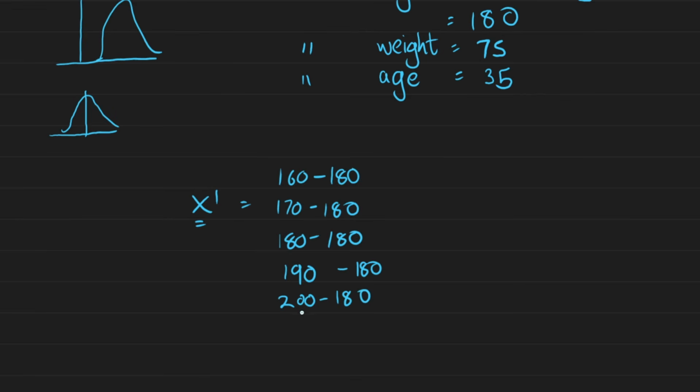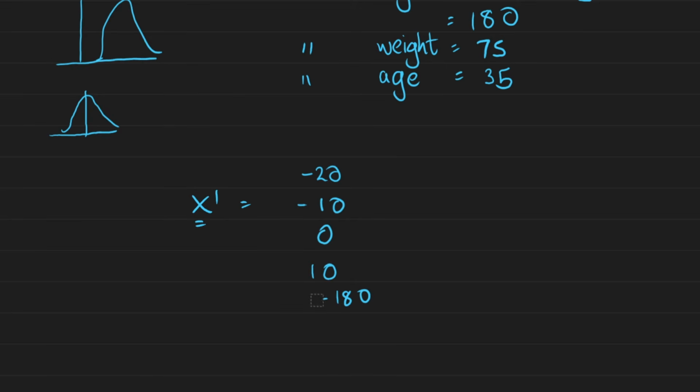This is the first column of this matrix. So 160 minus 180 is minus 20, then 170 minus 180 is minus 10, then 0, then 10, and finally 20.